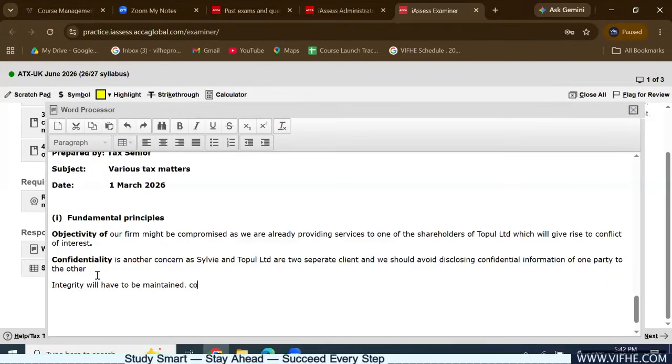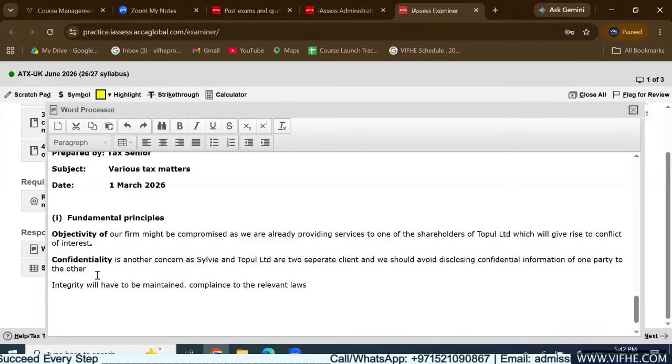So here we would say that compliance to the relevant laws will have to be implemented by Sylvie.